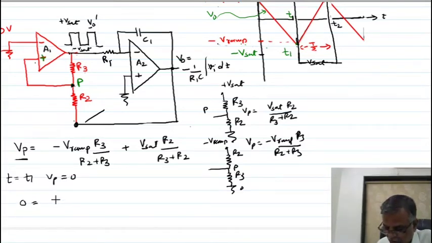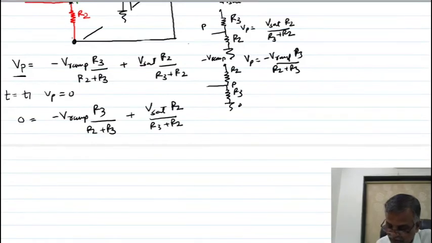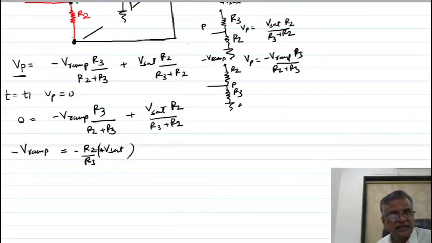So I am writing 0 equals minus V ramp R3 upon R2 plus R3 plus V set into R2 upon R3 plus R2. If I write this equation, I get minus V ramp equals R2 by R3 into plus V set. At time t1 you can write it like this.